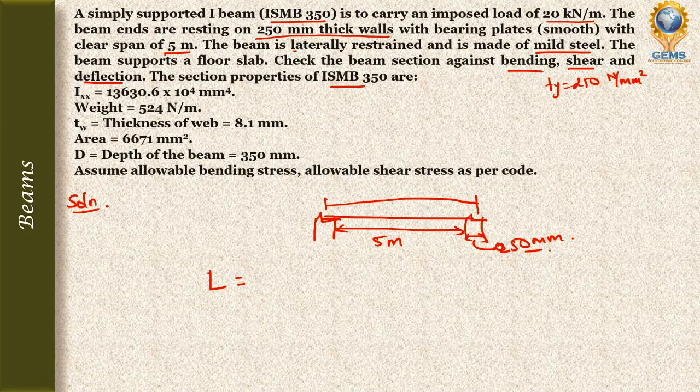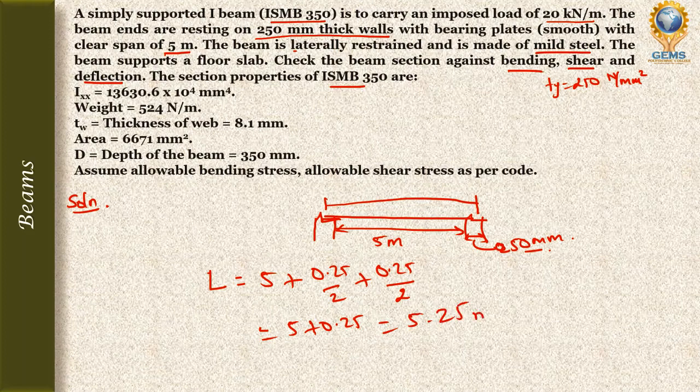So it is 5 meter clear span plus 0.25 divided by 2 plus 0.25 divided by 2. So it comes as 5 plus 0.25 is equal to 5.25 meter. So this is the effective length.